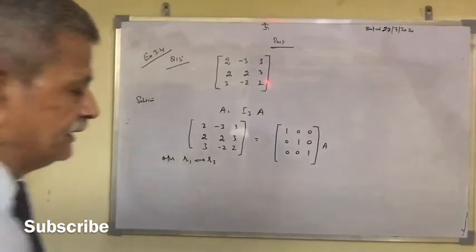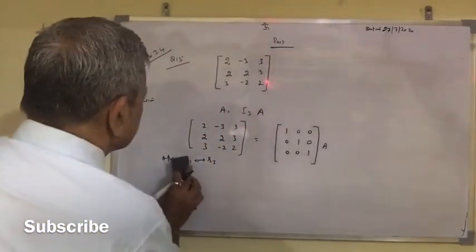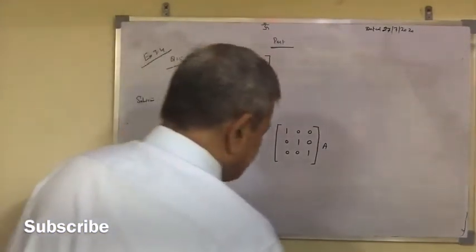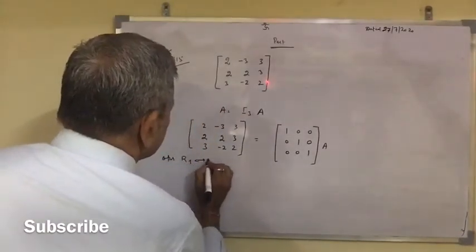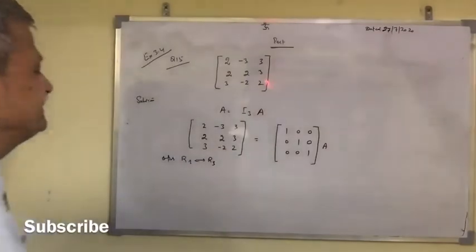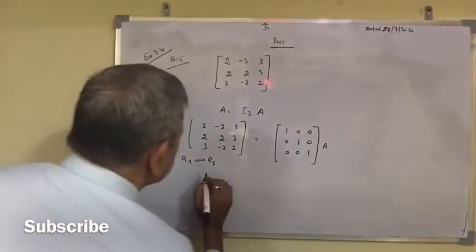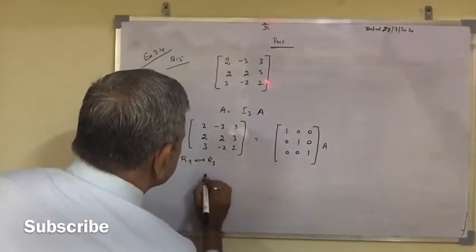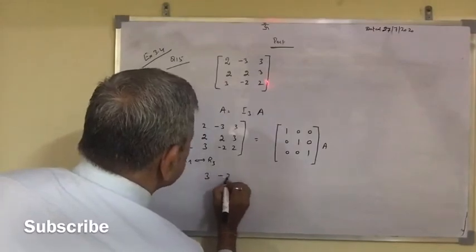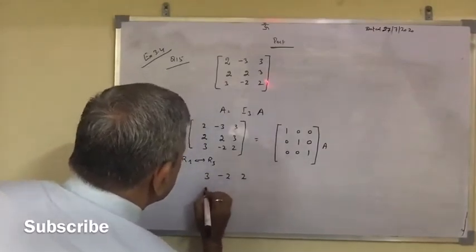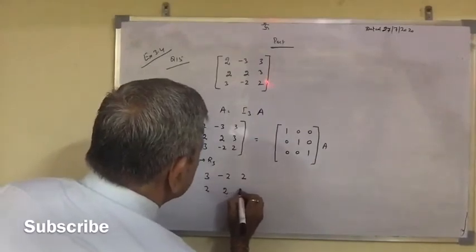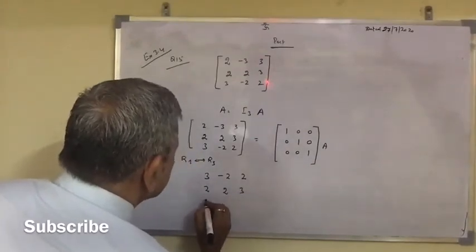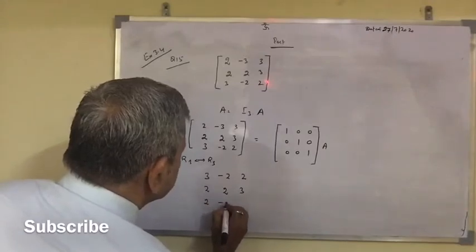I'll write it in capital letters so that you can easily follow: R1 to R3 means interchange these two rows. So the answer will be 3 minus 2 and 2, the middle row will be 2 2 3, and then 2 minus 3 and 3.